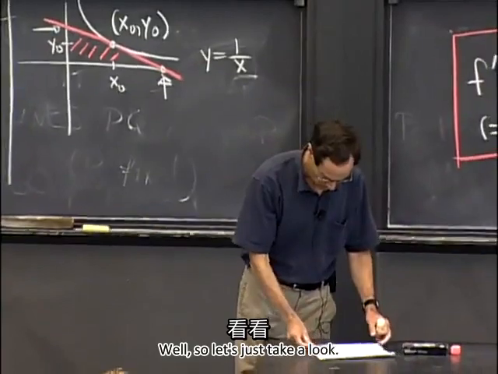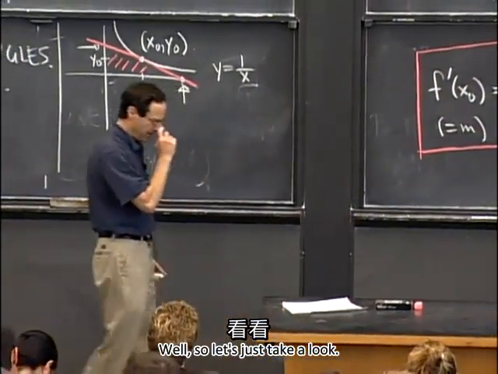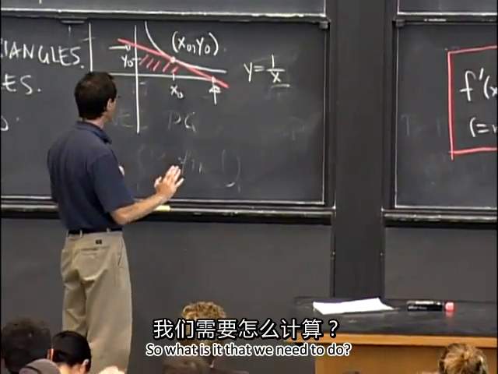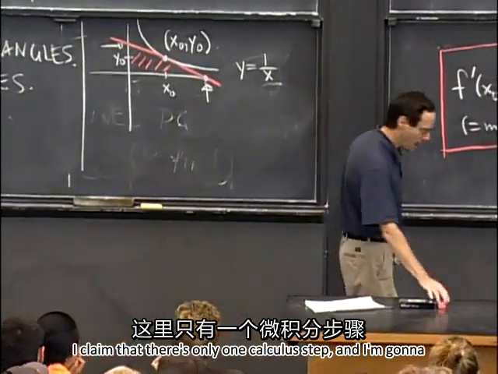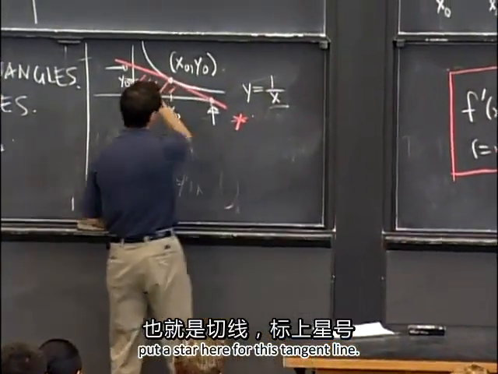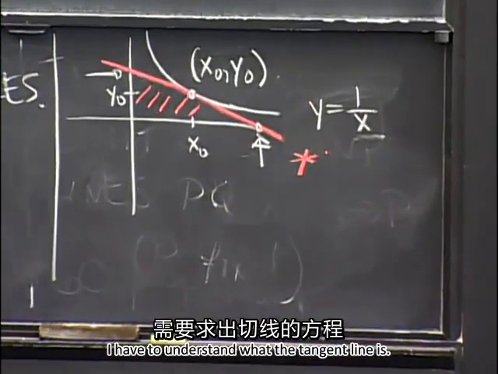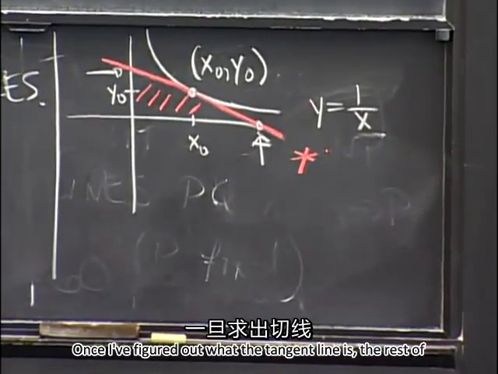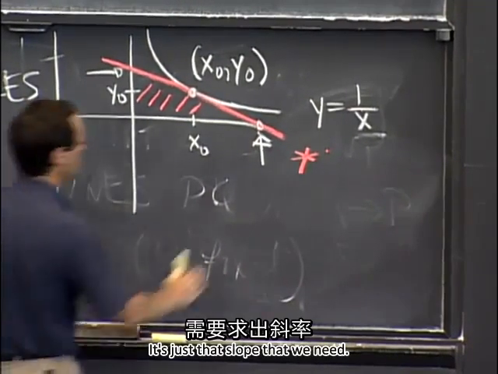So let's just take a look. So what is it that we need to do? I claim that there's only one calculus step, and I'm going to put a star here for this tangent line. I have to understand what the tangent line is. And once I figured out what the tangent line is, the rest of the problem is no longer calculus. It's just that slope that we need.